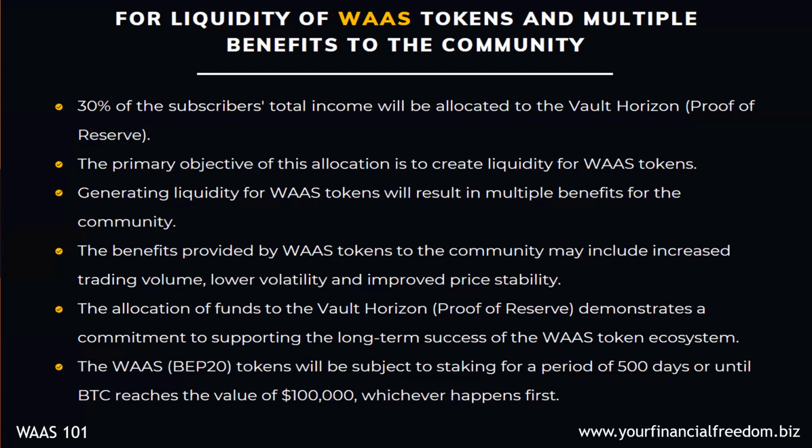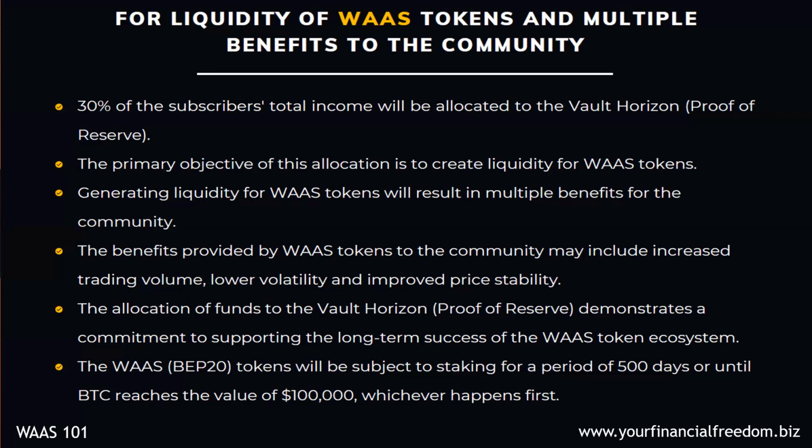Now, this is just a brief overview. 30% of the subscriber total income will be allocated to the Vault Horizon Proof of Reserve. The primary objective of this allocation is to create liquidity for the WAS tokens. Generating liquidity for the WAS tokens will result in multiple benefits for the entire community.